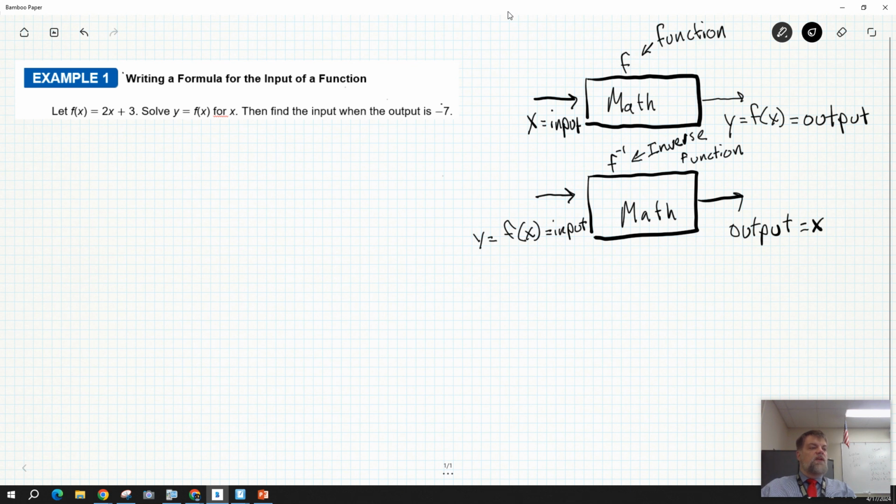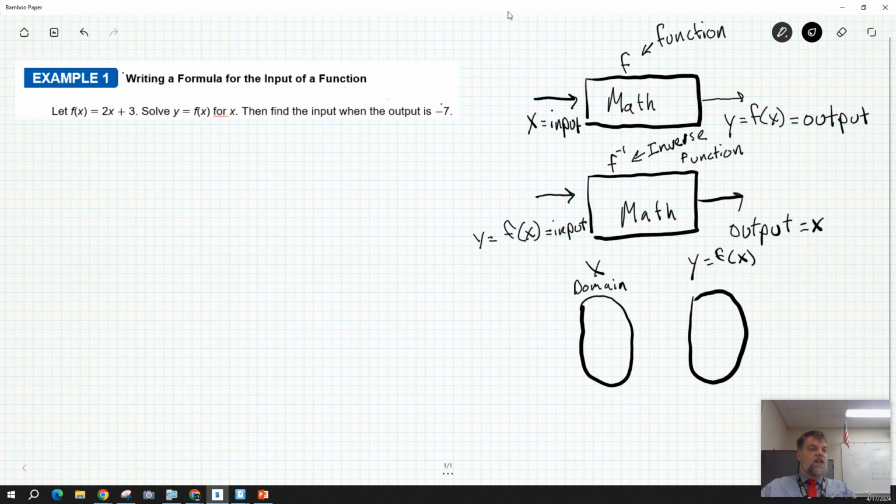So now if I put some numbers to it, here's another way to look at it too. This is my domain, all the x values. What do we call the y values? Anybody remember? If x is domain, then what's y? Range.